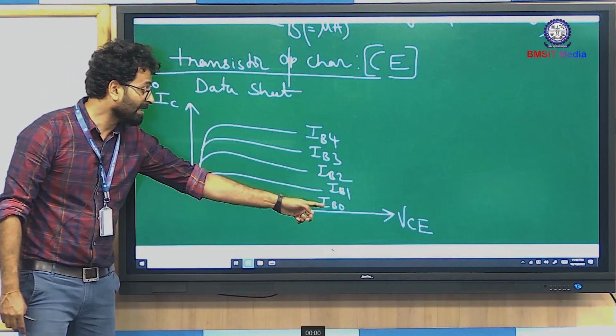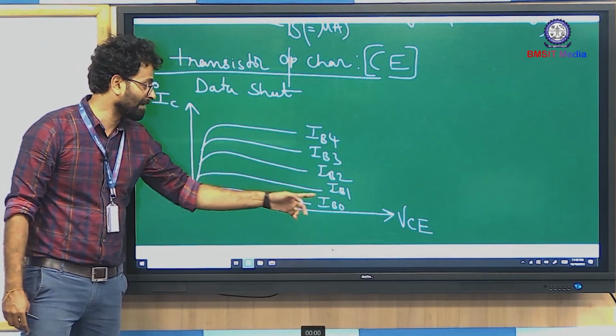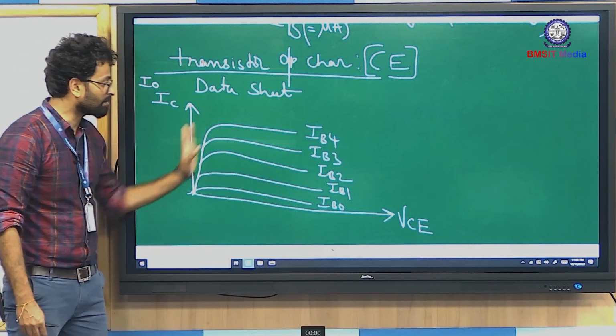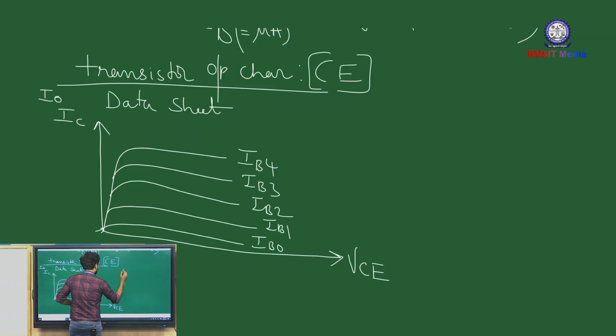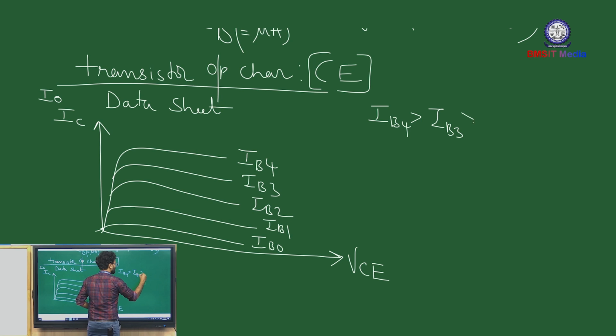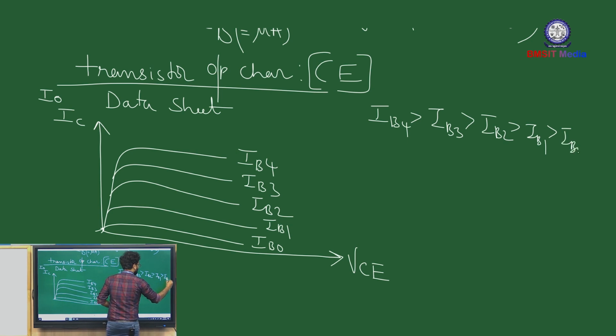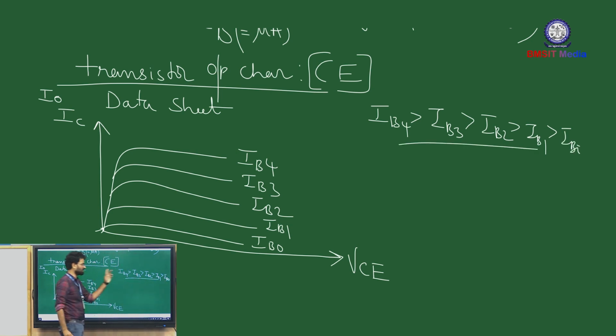So for different values of the input parameter, that is base current, you can plot a family of curves. Remember, the magnitude of IB4 is greater than IB3, greater than IB2, greater than IB1, greater than IB0. So this is the comparison between different base currents.